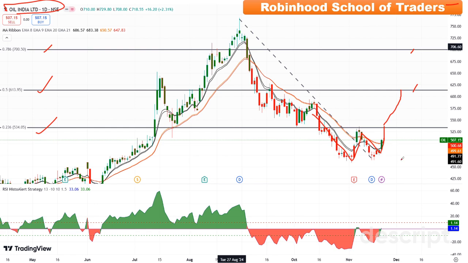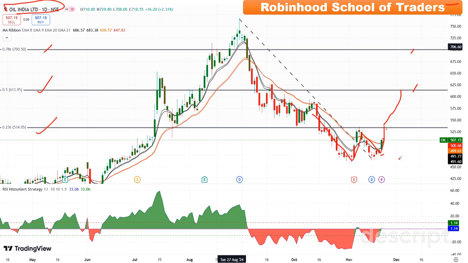So the risk and reward is great if you want to enter. Ideally we are saying we'll wait, but if you're an aggressive buyer, you can buy maybe somewhere around 510 with a stop loss of 490. The first target will be 525, and the next target will be 620. The risk and reward is favorable, but still I will say to wait until we get a closing above 520.